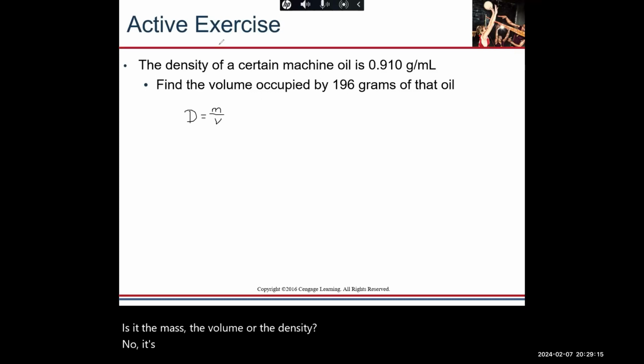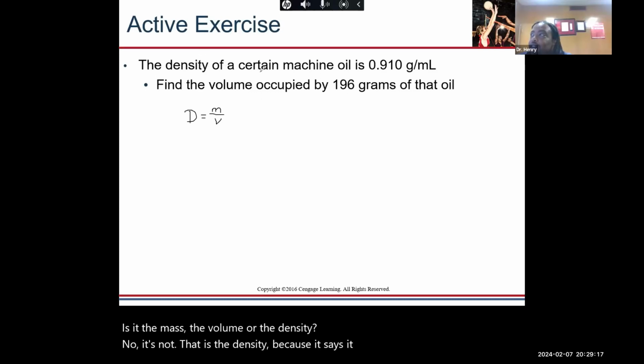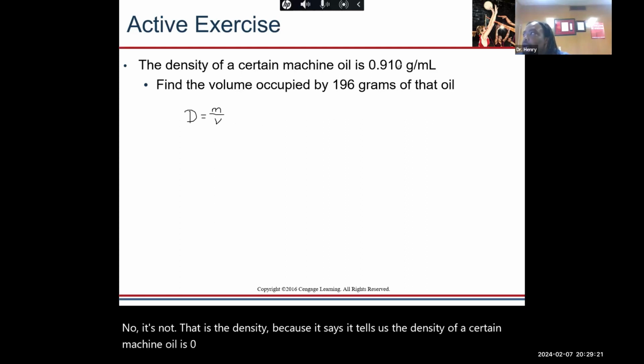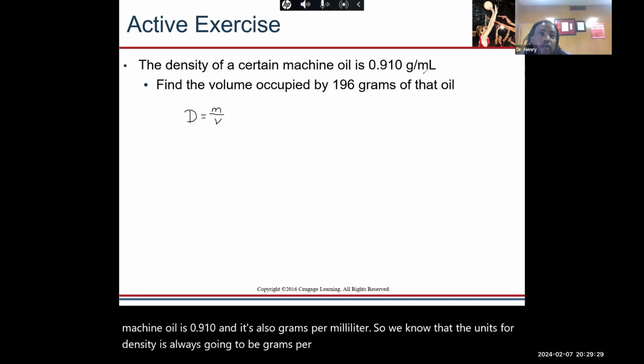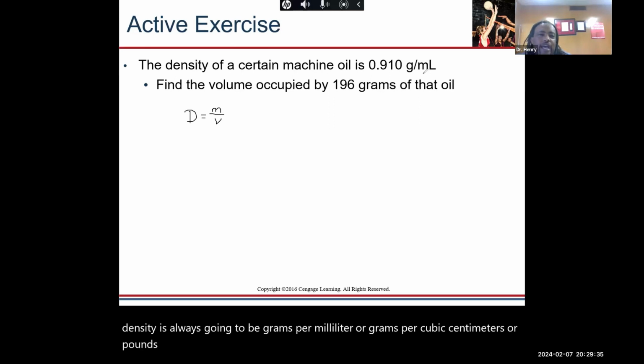That is the density because it tells us the density of a certain machine oil is 0.910, and it's also grams per milliliter. So we know that the unit for density is always going to be grams per milliliter or grams per cubic centimeter or pounds per gallon. So that would always be density, right? So we have our D, right? So we're going to put that on our D side.